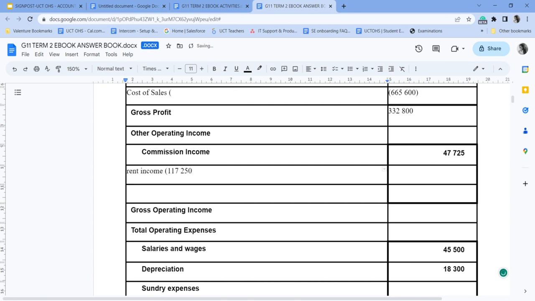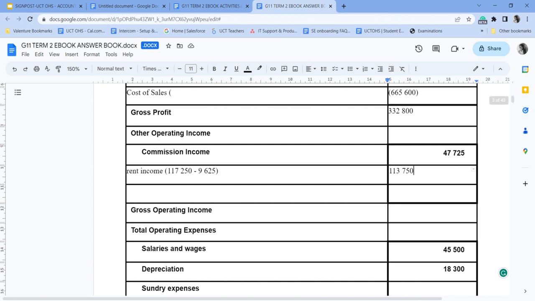And then you minus that extra month. It has nothing to do with this current financial year, so therefore it must be taken out. It's an income received in advance. If you minus that, then you will get 113,750. So this is the rent income that we received for this accounting year.